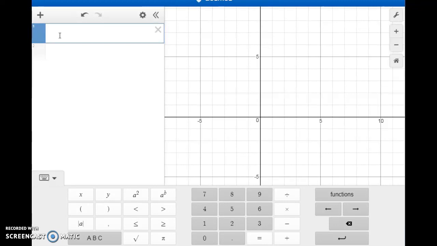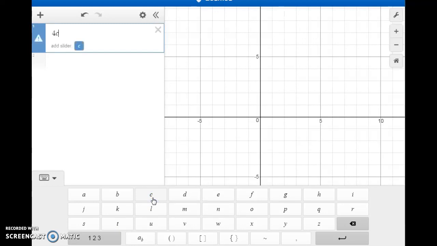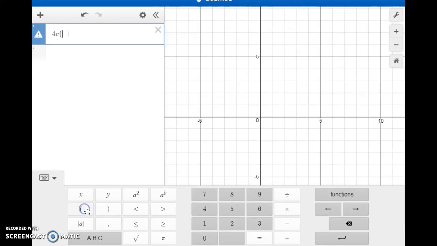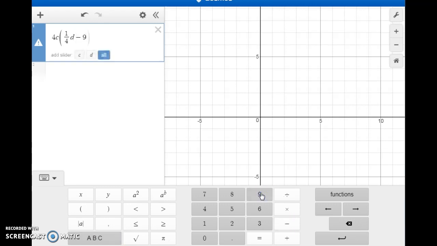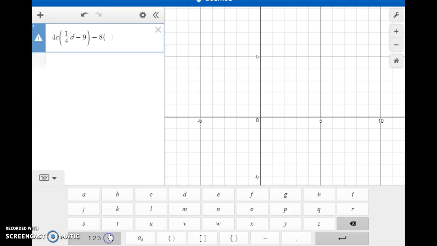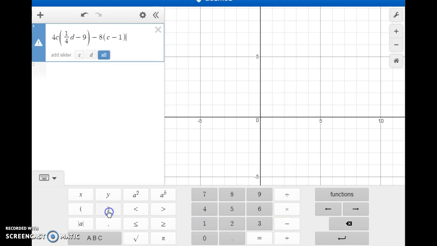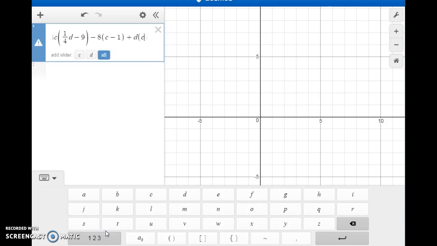So here I can put 4, and I can use the letter C, parentheses, 1 over 4 D minus 9, close it out, minus 8, parentheses, C minus 1, parentheses, plus C plus 6, sorry.